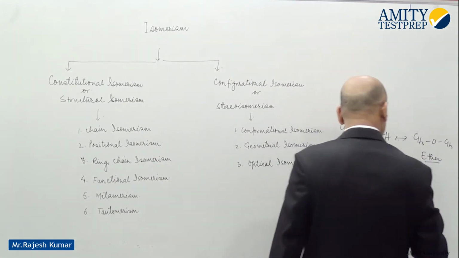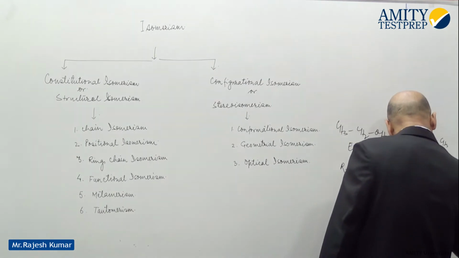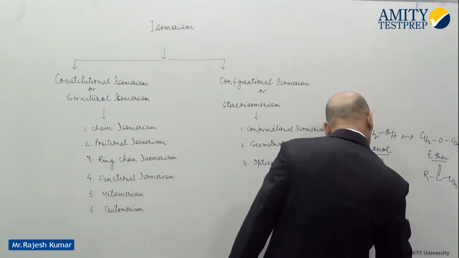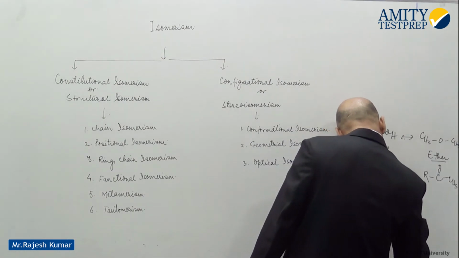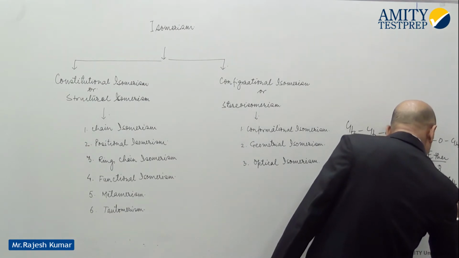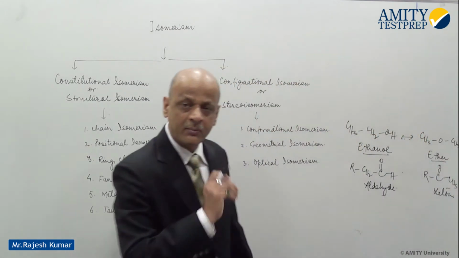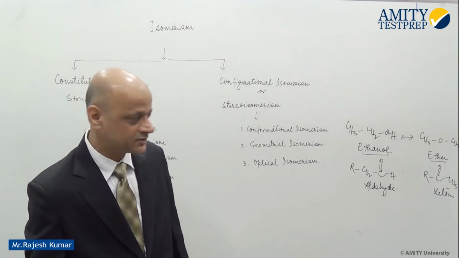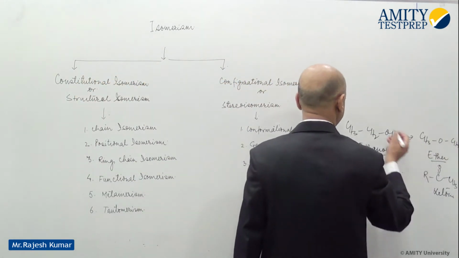aldehyde and ketone. Both are two different molecules, but both have a different functional group. These are called the functional isomers. Take another example here.